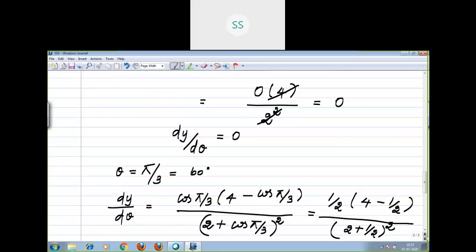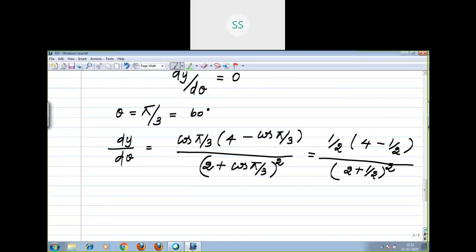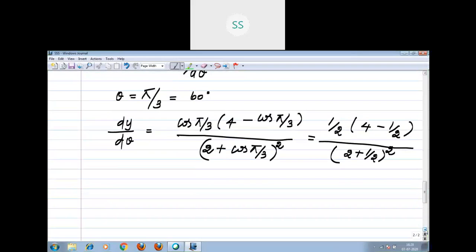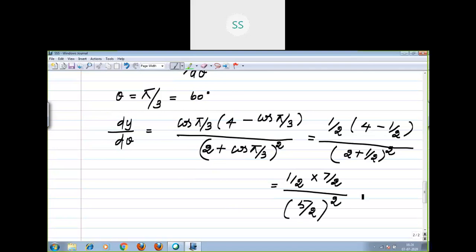When you see the expression itself, you know very well that it represents greater than 0. Am I right, children? If you want, I will write and show. 1 by 2 into, 4 minus 1 by 2 is 8 minus 1, 7 by 2, divided by 5 by 2 the whole square. Here everything is positive, so definitely it is greater than 0.